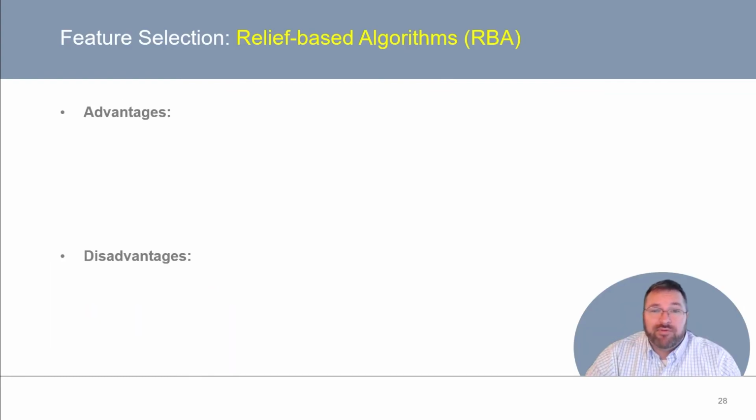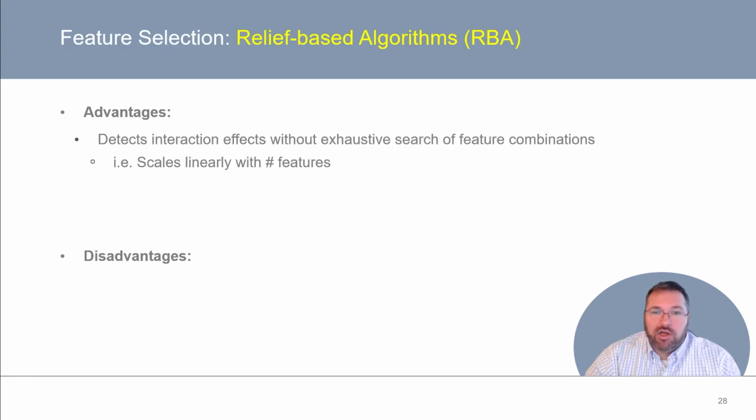Now let's briefly review some of the key advantages and disadvantages of relief-based algorithms. Under advantages, relief-based algorithms can reliably detect 2- and 3-way interaction effects without requiring exhaustive search of feature combinations. In other words, RBAs scale linearly with the number of features in your data for detecting interactions. This alone is a pretty major advantage when it comes to detecting feature interactions with any methodology.